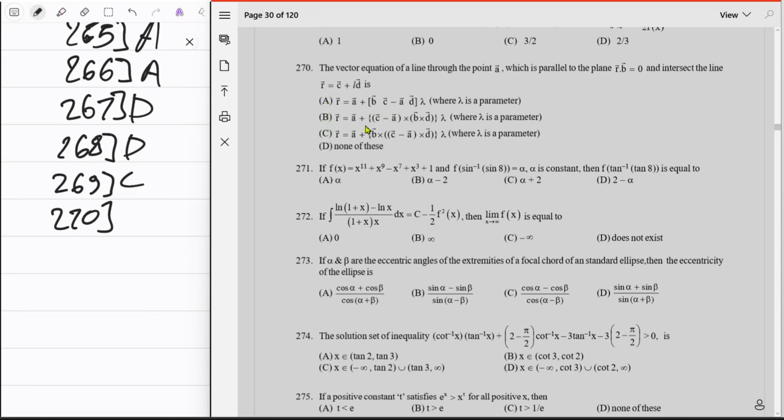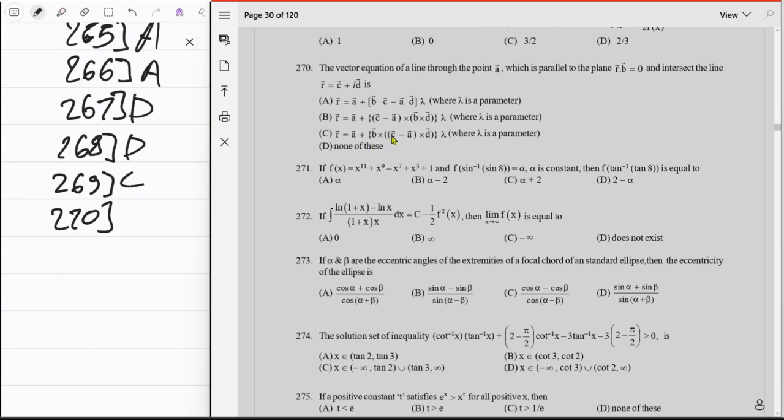What about B? A vector plus, this is actually a vector. And what about this? This is also a vector. Okay, fine. So you want perpendicular to B first of all. So is this perpendicular to B? No, no, because this doesn't look perpendicular to B. Look at this.